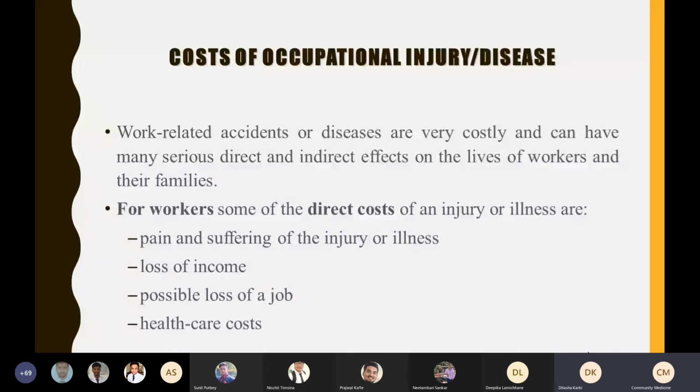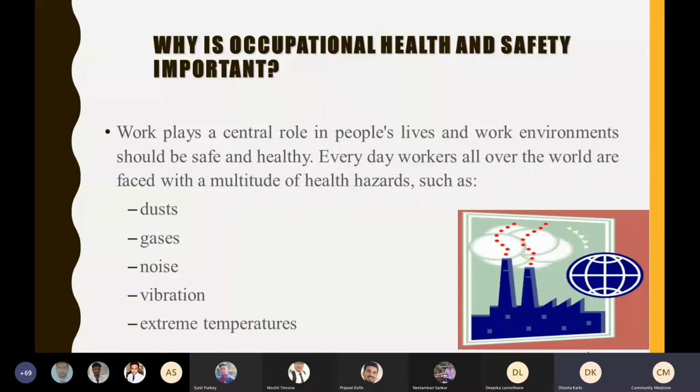As we talked about, if people have regular exposure to dust, and if they are not provided with proper equipment, then they will have different types of respiratory infections. Likewise, if they are exposed to different types of gases, those gases can definitely affect health.